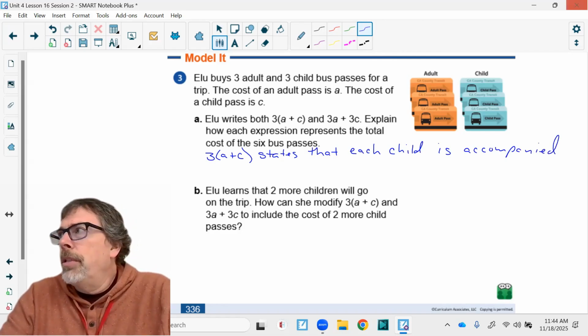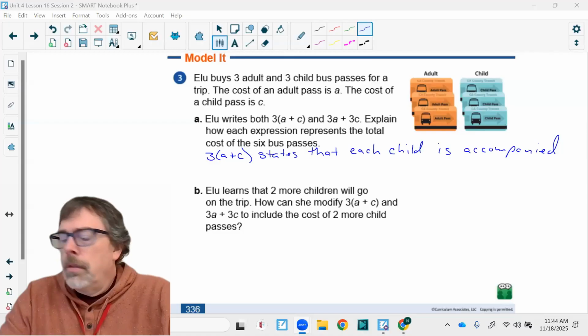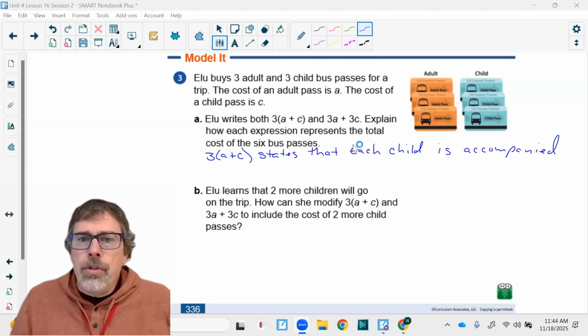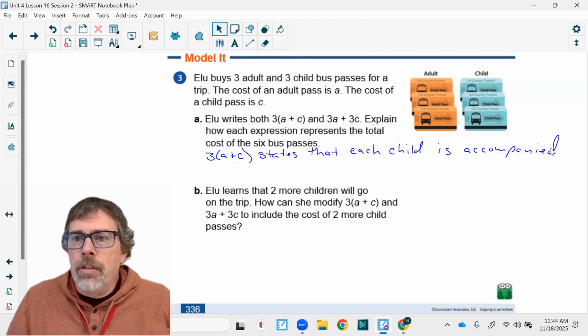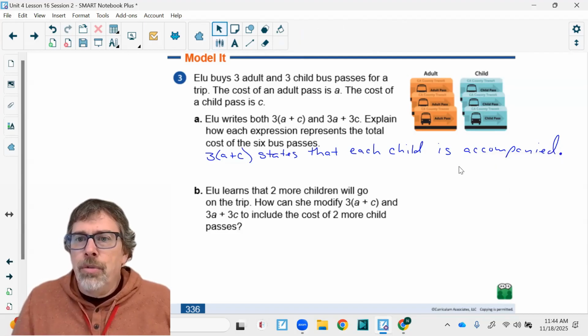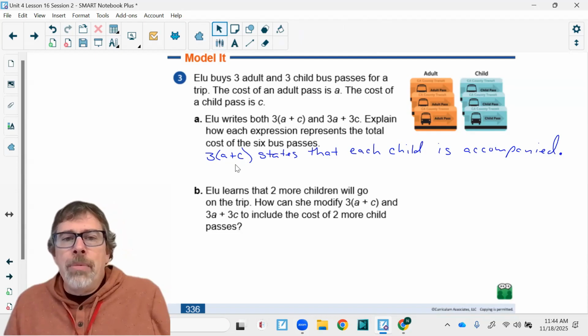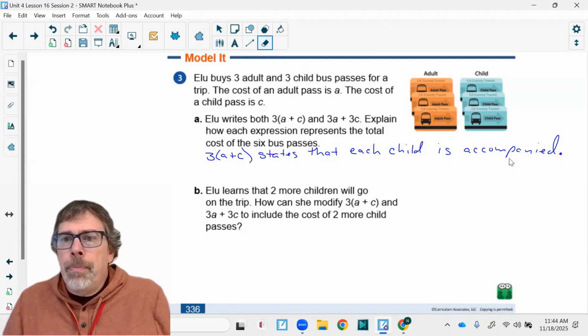Is there 1 C, 2 C's? I need to know that. Okay, so I had to check that. Sometimes, when you write stuff, it doesn't look right. It is 2 C's.